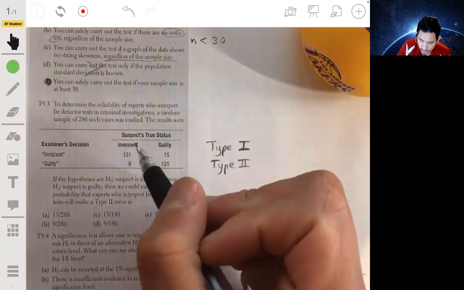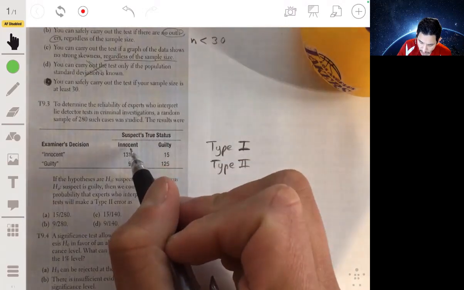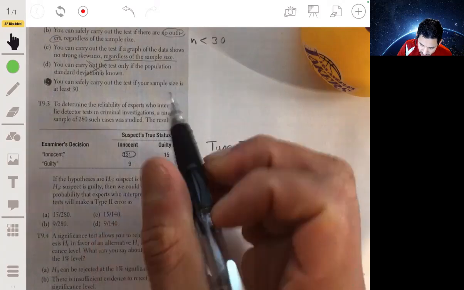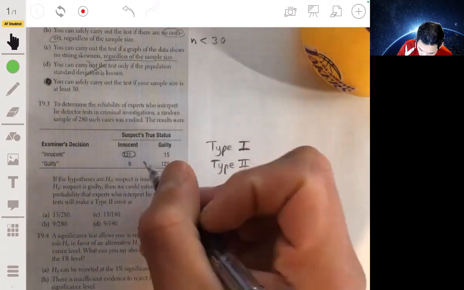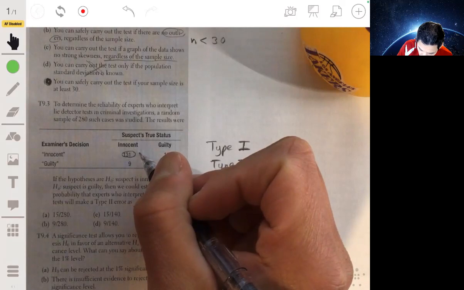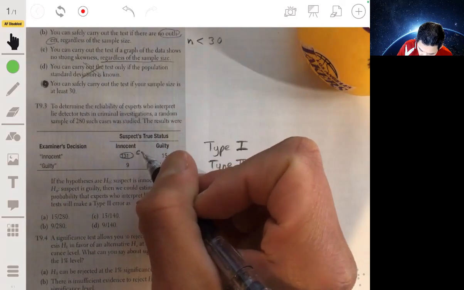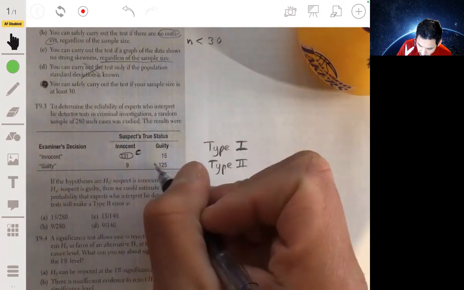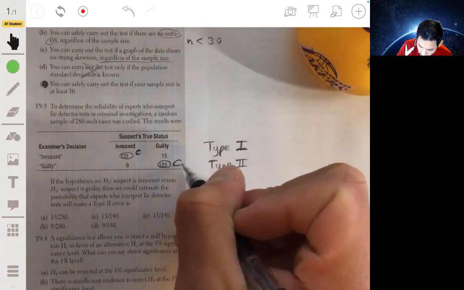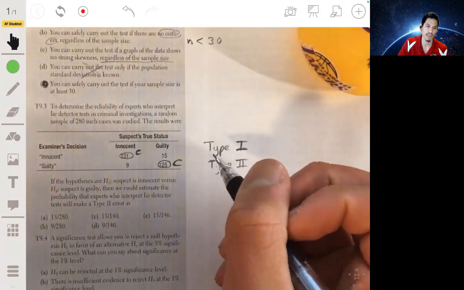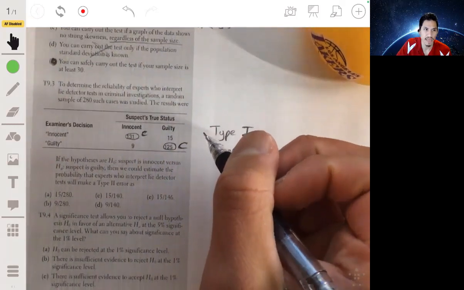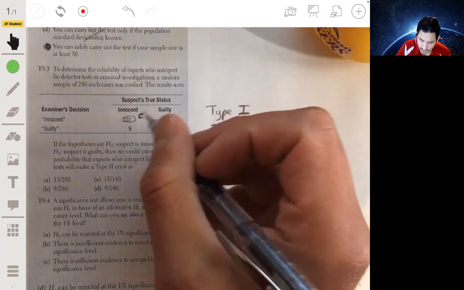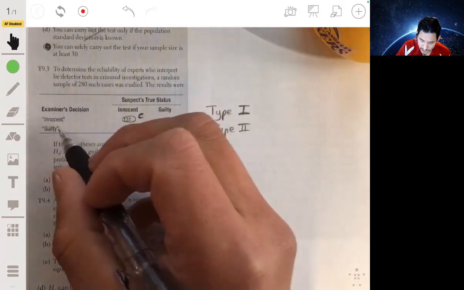Either you come to the correct conclusion by saying the suspect is innocent when they are innocent, so this is correct, we'll put a big C there. Or if you say they're guilty when they are guilty, that's correct. So these two are correct decisions. That's what you want. You want to be right, as everyone wants to be. Now, you can make a mistake by saying they're innocent when they're guilty, or by saying they're guilty when they're innocent.